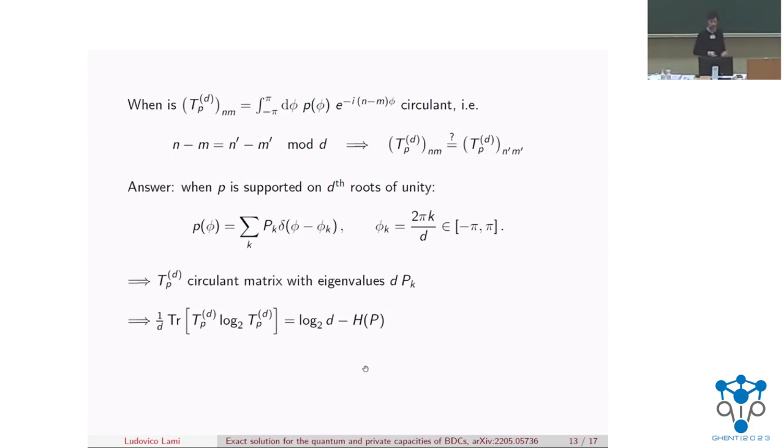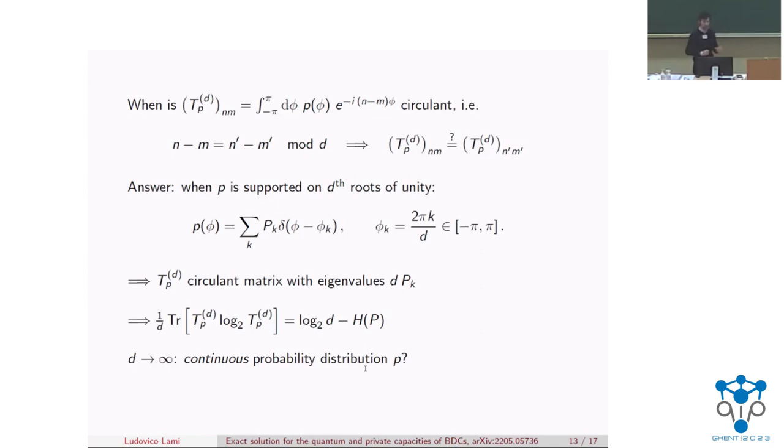We solve the problem, and then you may hope to ask what happens if you take D to infinity. Then the constraint becomes that P is supported on a dense set, or something like this in the limit. So maybe you can hope that this constraint vanishes, that this covers all probability distributions. And in fact, this is exactly what happens.